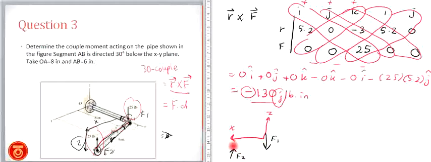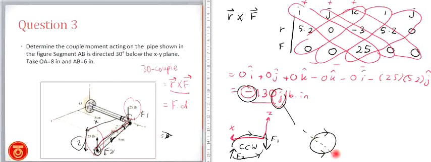Then you can connect both. To know the direction, this is counterclockwise, therefore that's why it is negative. And what is this axis? This is the J axis, so that's why it's J here.